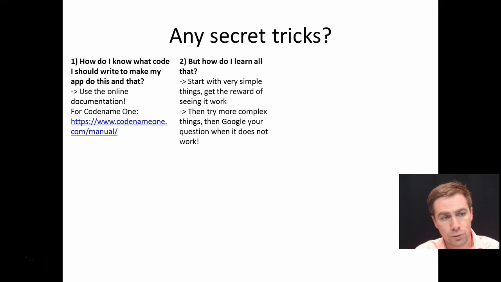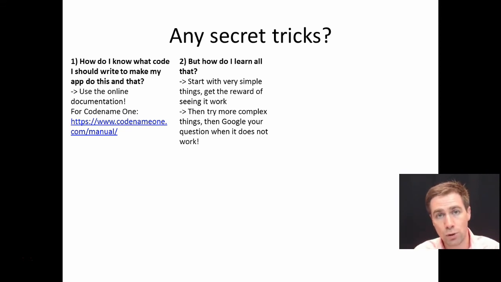The second trick is, how do I learn? How do I progress? The trick is to start simple. Just start very simple: you create a screen and you show it in your app. Just that. And you have to have the reward of having things that work, like putting a label on a screen or having a button that works. Just that, it will help you get the logic and being very happy with the results you get.